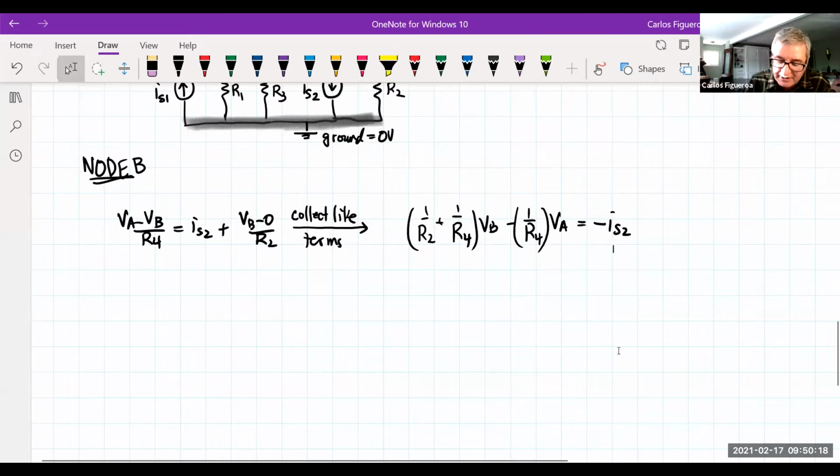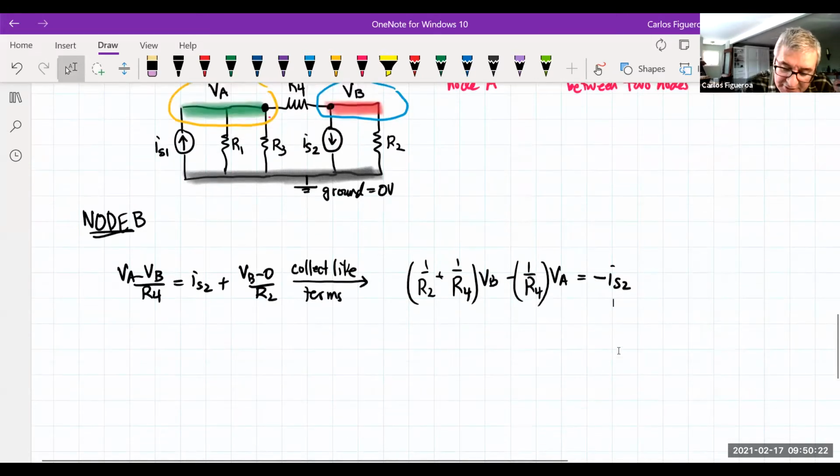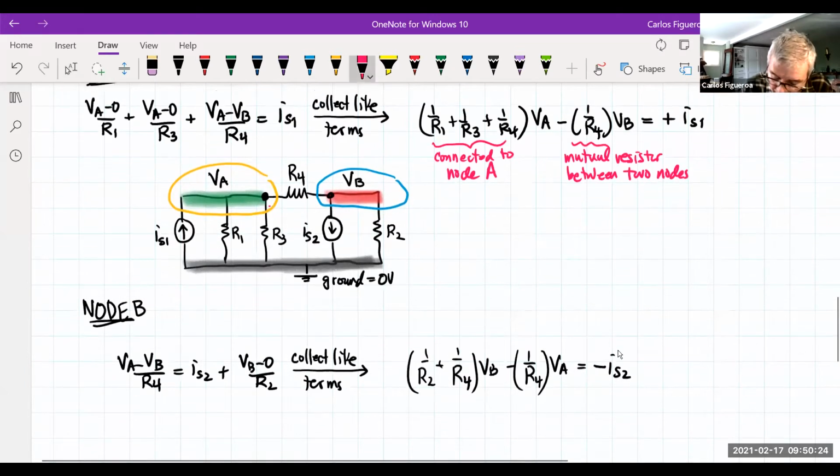And so what you're seeing here is, let's go look at the circuit here. Check this out. By putting it into like terms, I look at the node VB and I say, look at that, I got R2 and R4. In other words, these are all the resistors connected to node B. And now look at what happens here. This is a mutual resistor between the two nodes.